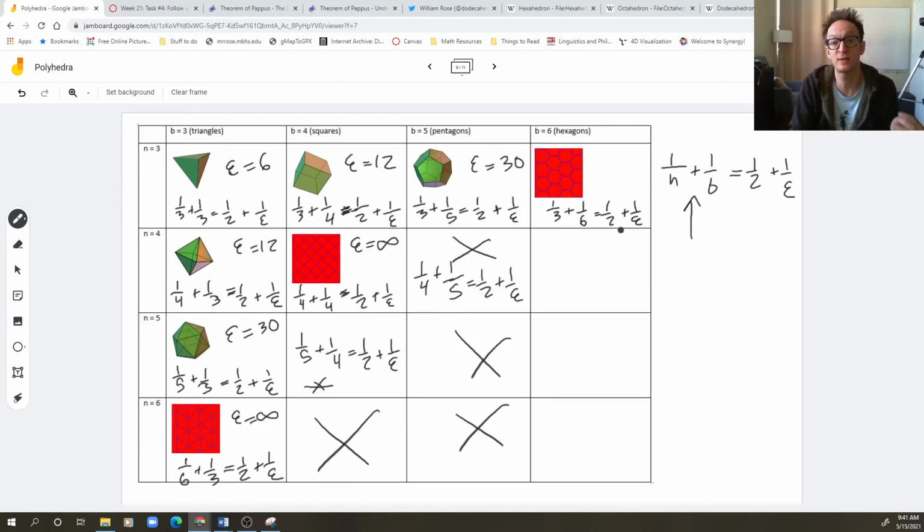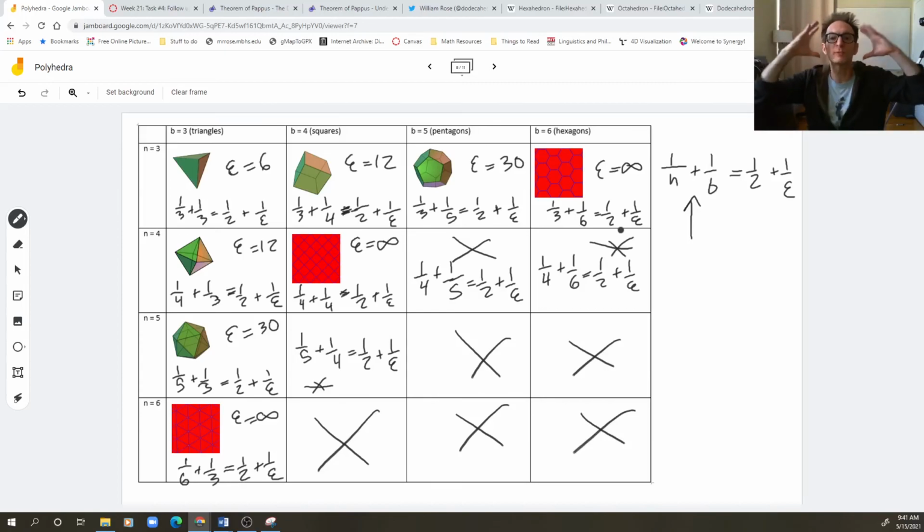And now the left-hand side equals exactly a half. And so once again, you get kind of epsilon equals infinity. But if you try to put more than 3 hexagons together, then again, you get a left-hand side of this equation which is less than a half, and so it just can't be done.